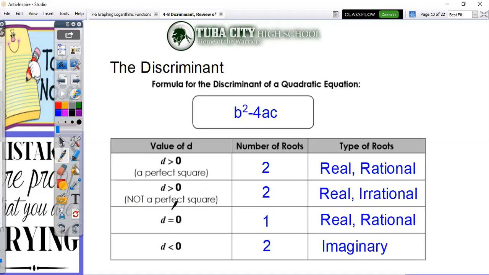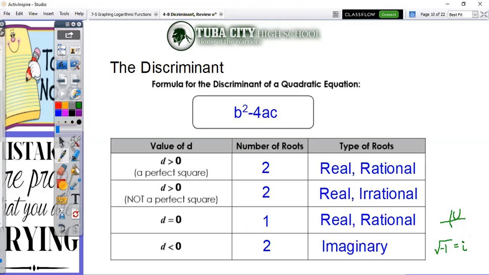If your discriminant is equal to 0, that means you will only have 1 root. And again, on a graph, that kind of looks like the graph that just touches slightly and then comes back up. And usually that's going to be a rational number. And if you get the discriminant less than 0, remember the discriminant is under a square root. And if you have a square root of a negative number, that will cause it to be an imaginary number. Now, I know sometimes students may say no solution, and I would say that's kind of right.